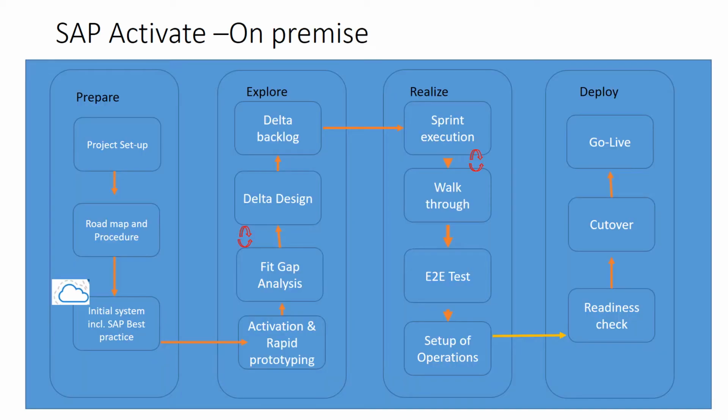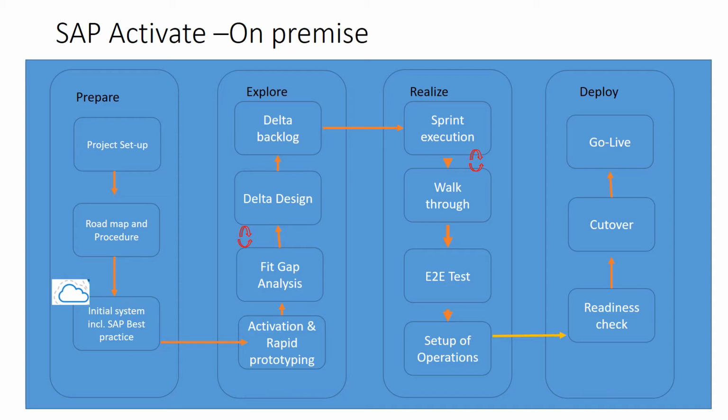Okay. SAP Activate for S4HANA implementation on-premise, there is a minor difference. In the preparation phase, we have project setup, roadmap and procedure, and initial system including SAP best practices. The next step is activation and rapid prototyping in Explore: fit-gap analysis, delta design, delta backlog.